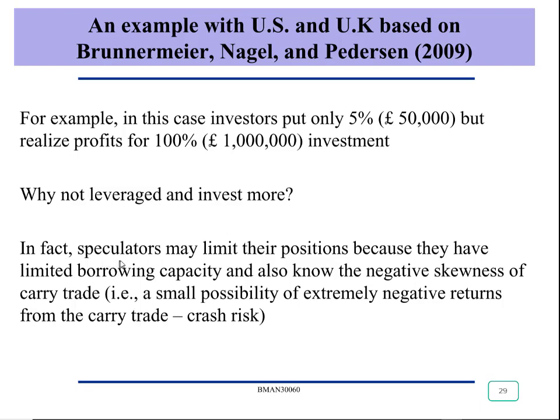In fact, speculators in the FX market limit their positions because they have limited borrowing capacity, because they maybe don't have enough collateral, and also because they know about the negative skewness of carry trade. In other words, a small possibility of extreme negative returns from the carry trade. Let's talk about this more precisely in the next slide.